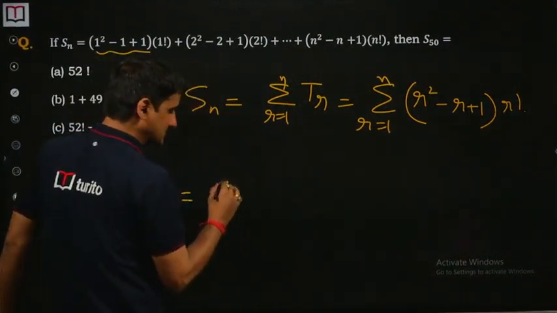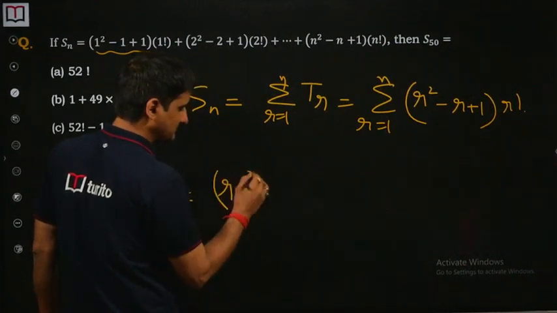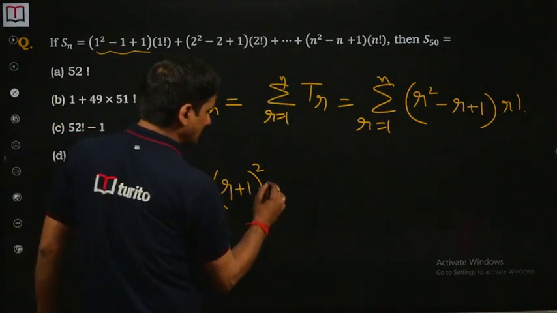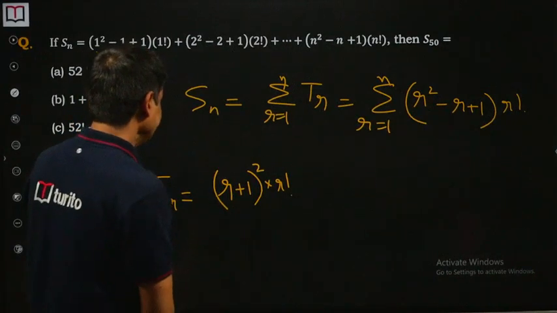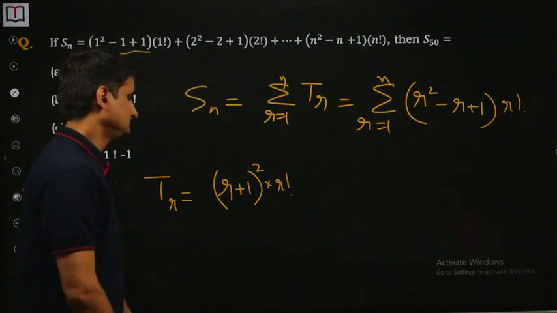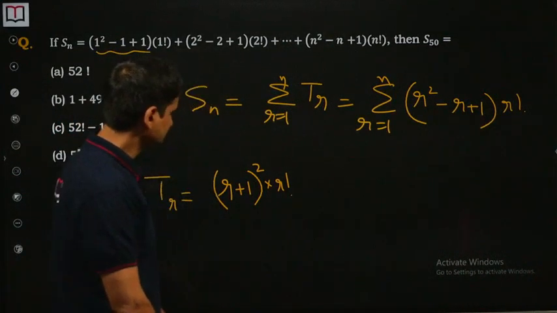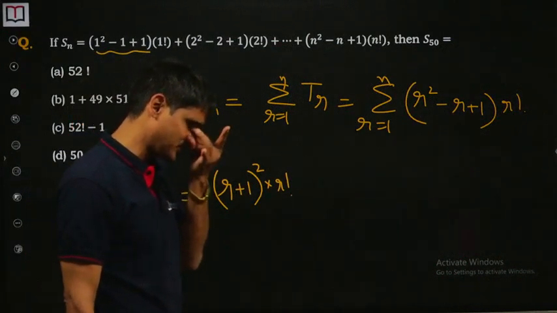So what I tried actually, I'll be writing just the general term here. So r square, if I write it as r plus 1 square into r factorial. So r square plus 1 means I need plus 2r minus 3r.